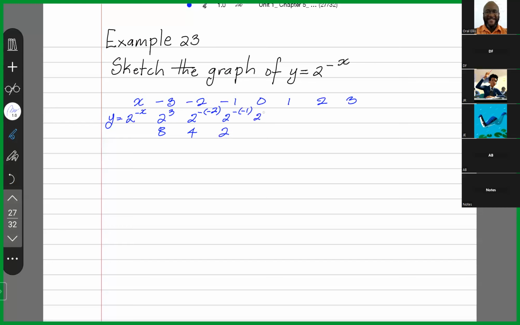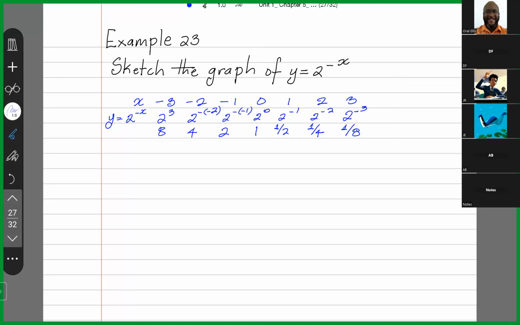Well, this is 2 to the minus 0, which is just 2 to the 0, which is 1. This would be 2 to the minus 1, which is a half. This is 2 to the minus 2, which is a quarter. And this is 2 to the minus 3, which would be 1 over 8.